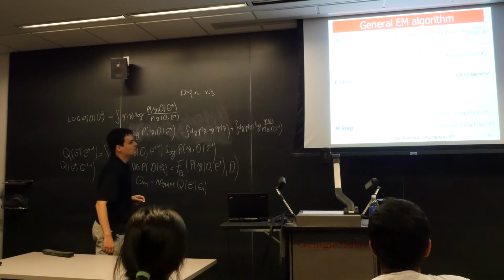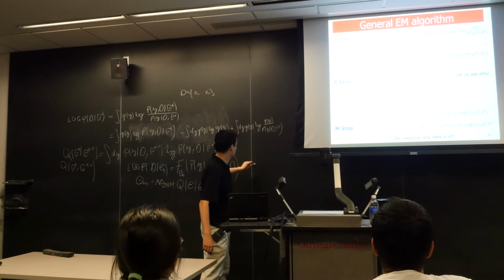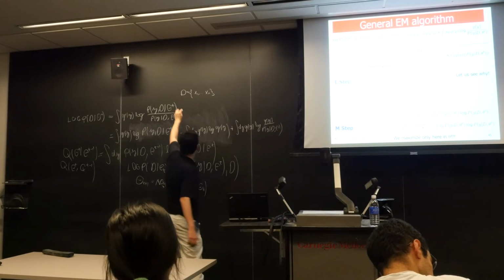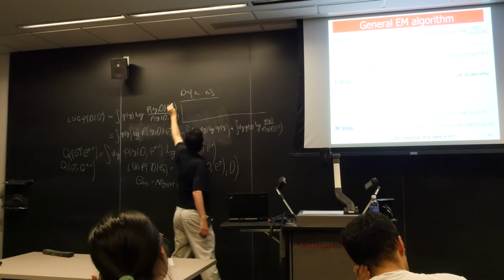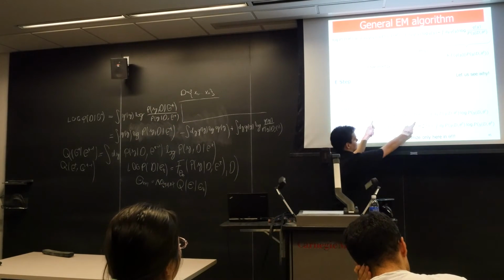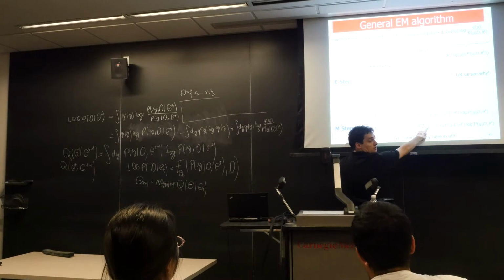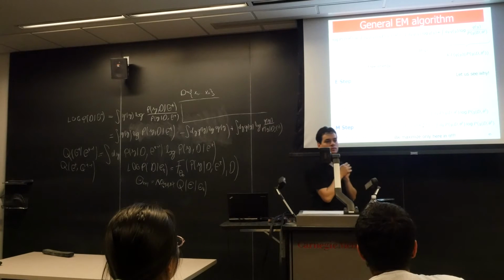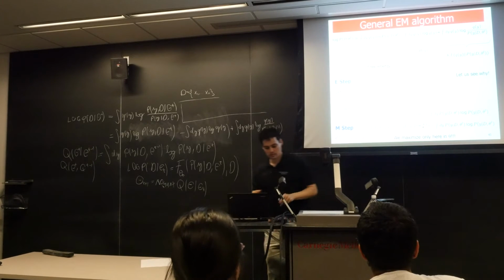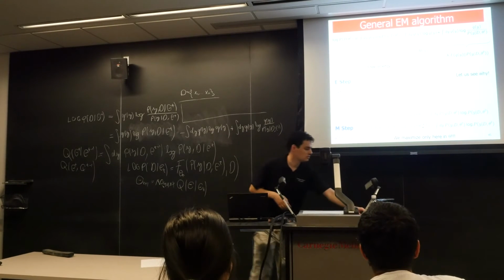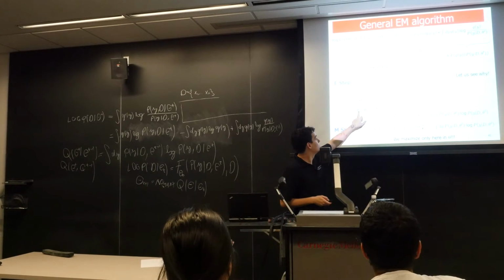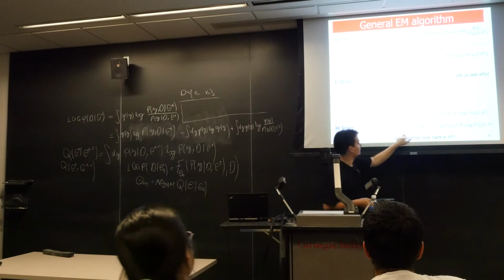From this it follows that this expression is less than this. So the log likelihood with parameter theta t is less than this expression.